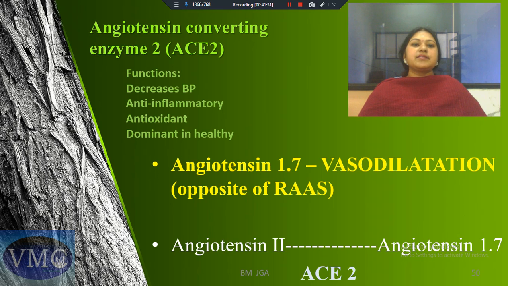Now we know about ACE2; we will recapitulate here. It causes a decrease in BP. It is anti-inflammatory, antioxidant, and it is dominant in healthy persons. Angiotensin 1-7 is a vasodilator, the opposite of RAAS. It is formed because of the action of ACE2 on angiotensin 2.